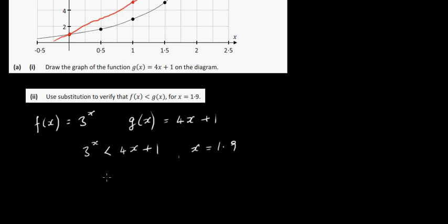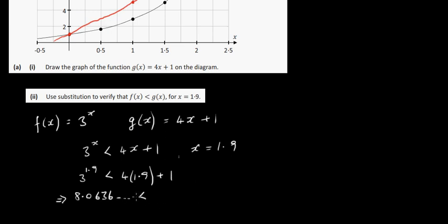So let's just stick 1.9 in here. So we've got 3 to the power of 1.9, and we've got 4 times 1.9 plus 1. So 3 to the power of 1.9 is 8.0636, and there's a few more after that, but I won't include those.